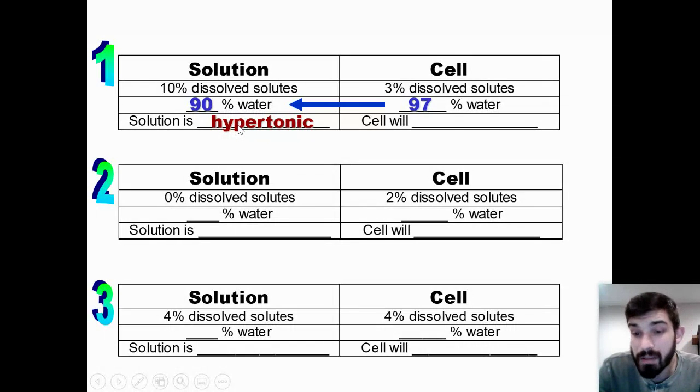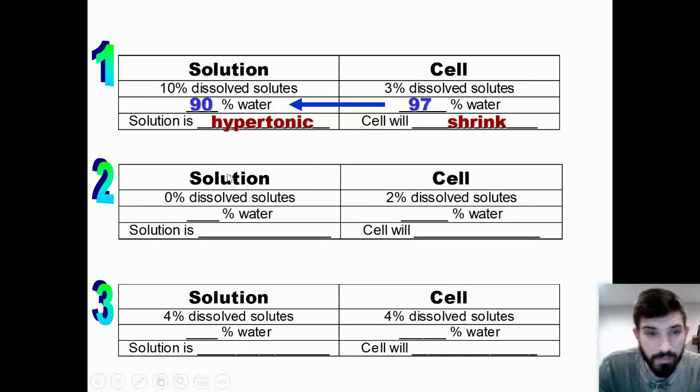So this is a hypertonic solution. We know it's hypertonic because you know that water is going to leave the cell because there's more water in the cell and less water outside of the cell. Right? So the cell's going to do what? Very good. It's going to shrink.